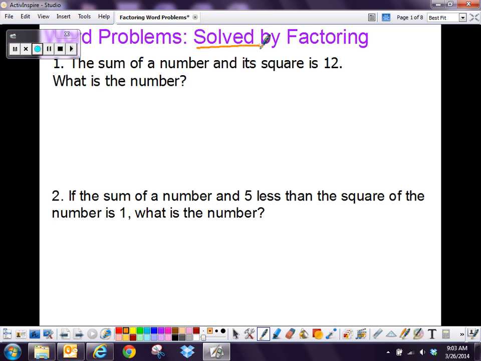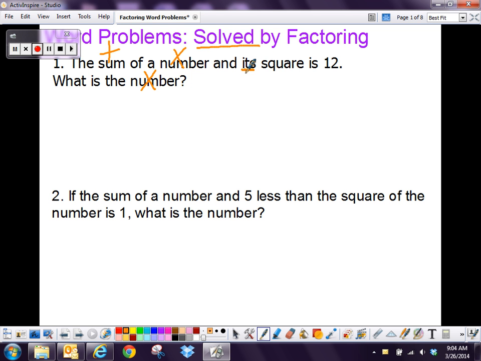Number one, the sum of a number and its square is 12. What is the number? Okay, so we don't know what the number is, and if we don't know something in algebra, we put in x. So I'm going to call the number x, and then I'm going to go back to the beginning of the problem. It says the sum of a number, so the sum, that's plus, of a number x, and its square.